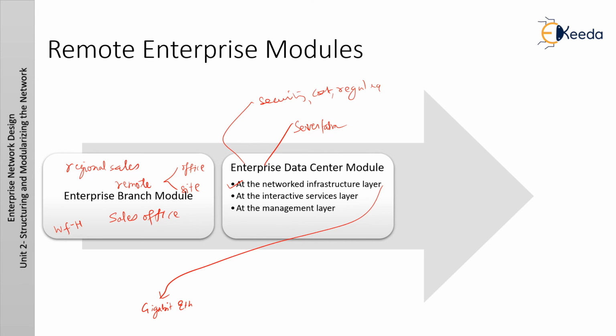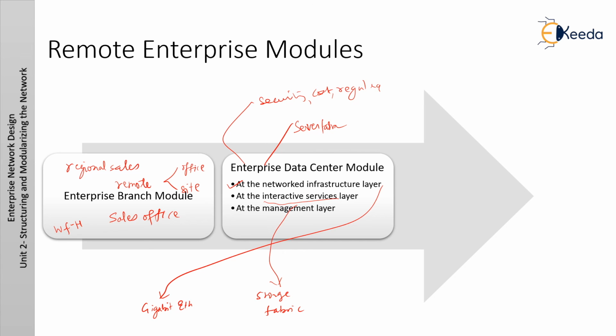Now come to the interactive service layer. These services include storage fabric services, compute services, security services, and application optimization services.